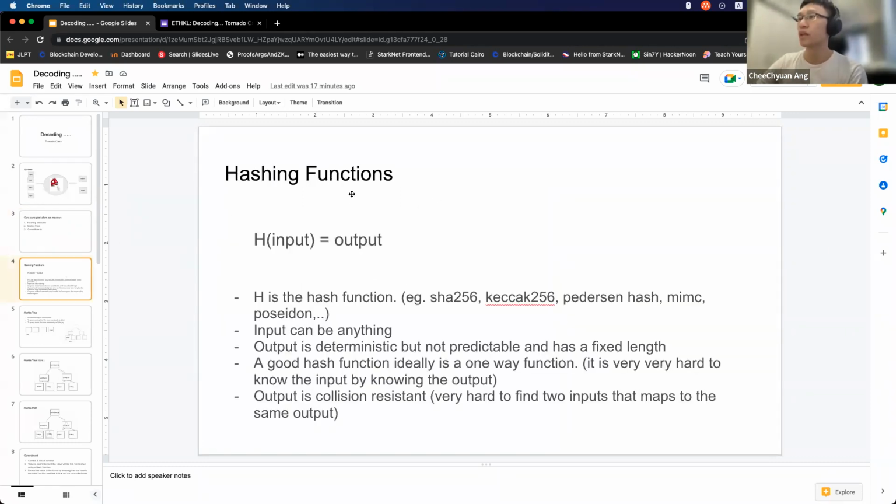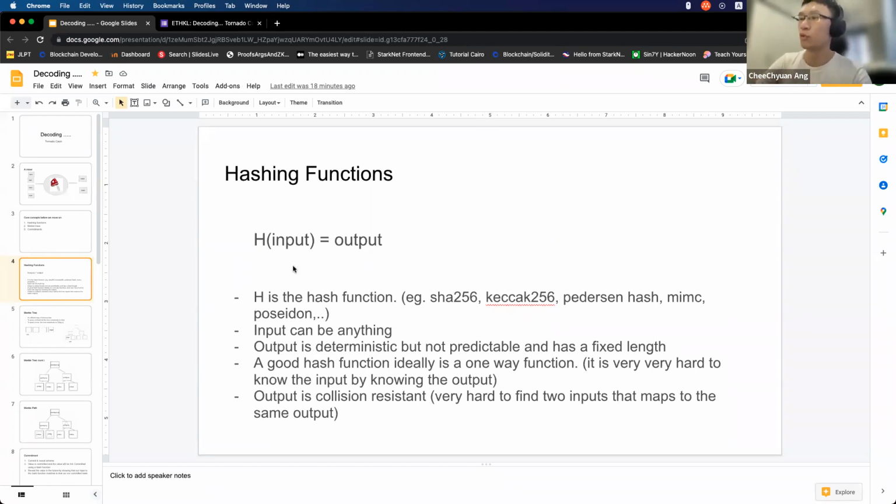Okay, so what are hash functions? Hash functions are basically a function that takes some input and returns an output. It's like the functions we normally learn in algebra at school, but a good hashing function has some nice properties, such as the input can be anything, and the outputs are deterministic.